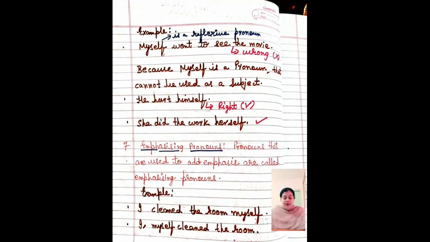Next example: she did the work herself. Is this right or wrong? It is right because I am using herself after the subject. Okay, students, these are the few techniques which you need to understand and learn, so that when you get the question in your exam, you will find it very easy to solve.